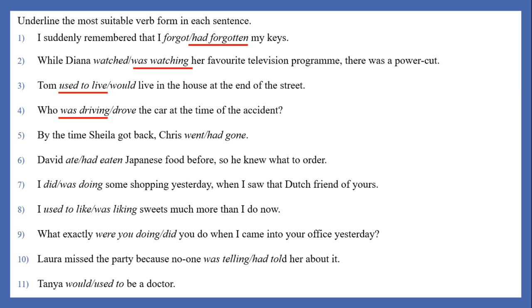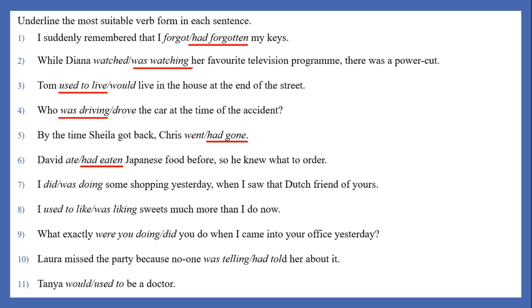Because the time of the accident, or when the accident happened, is your main event, and was driving is the background event. Number 5. By the time Sheila got back, Chris had gone. Because Sheila got back is your main event in past simple, and Chris going happened before this main event, so we use past perfect.